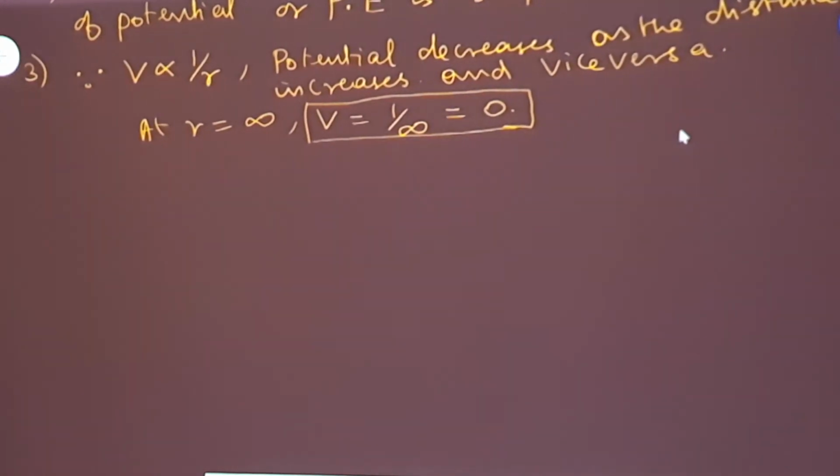Let us go for the fourth important point. In order to study it, let us compare this potential with the gravitational potential that you have studied in your 11th standard.